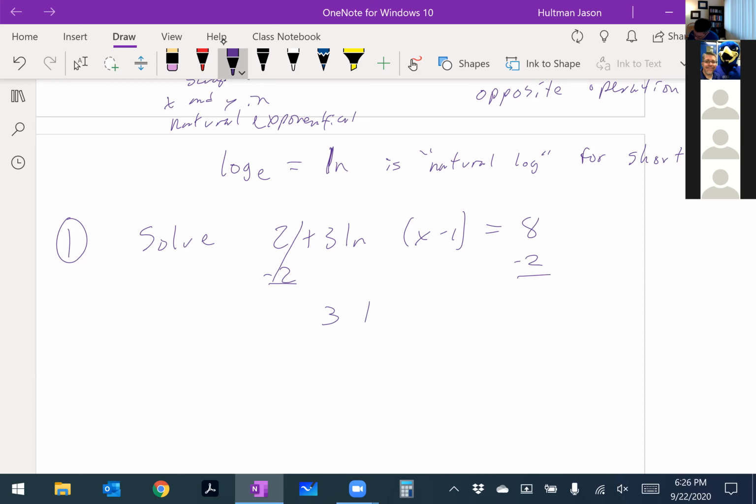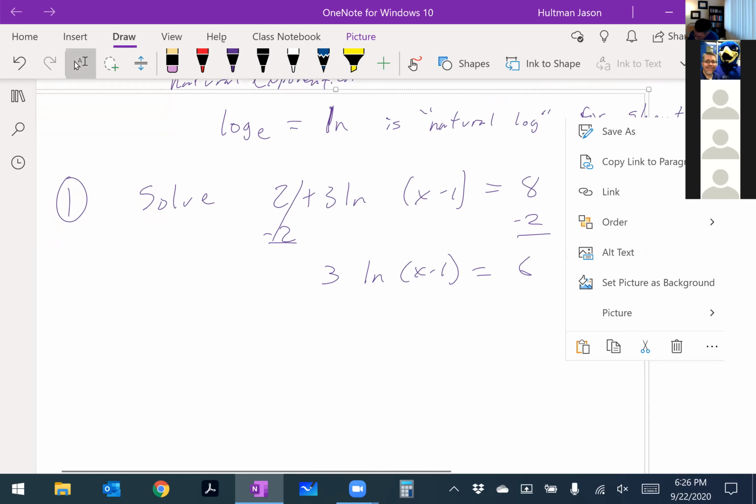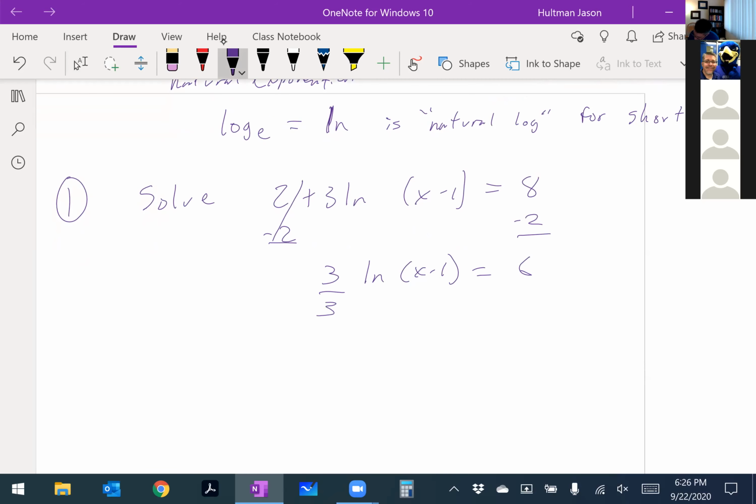I'm going to get 3 times natural log of x minus 1 is equal to 6. Now let's divide by the 3. I get natural log of x minus 1 is equal to 2.